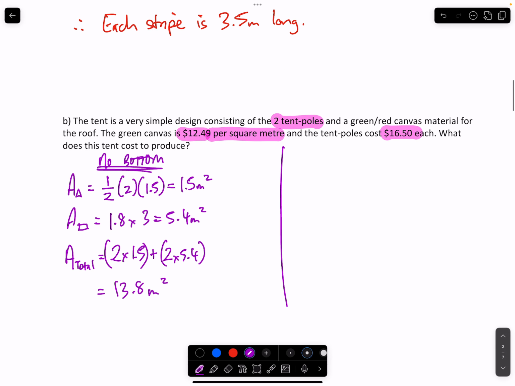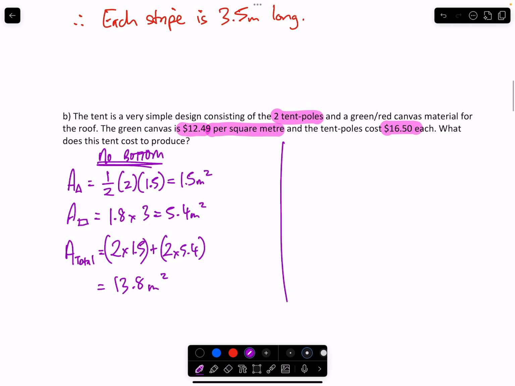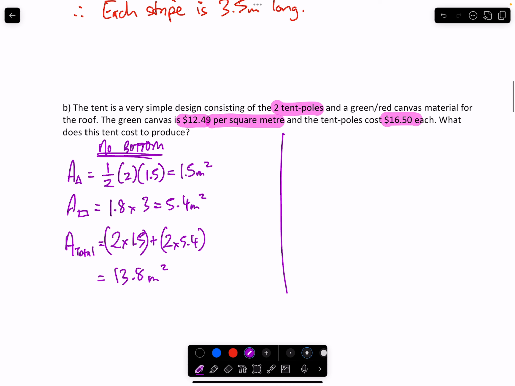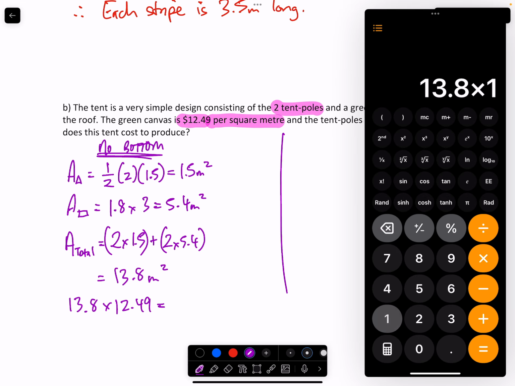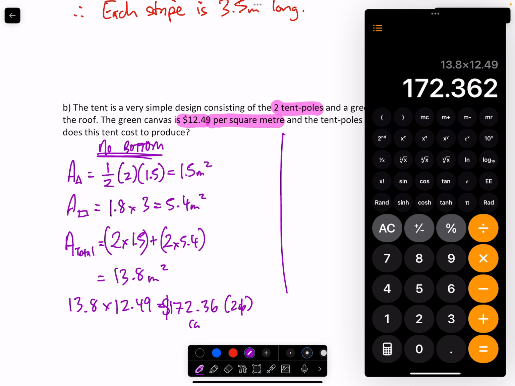I'm going to put a line there. So what's that going to cost? 13.8 times $12.49 is $172.36 for the canvas, to 2 decimal places.